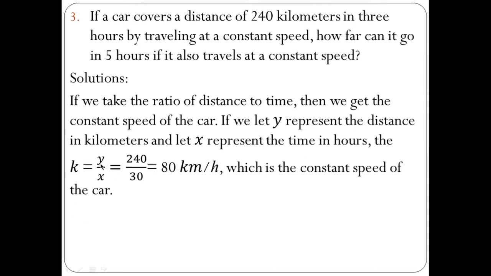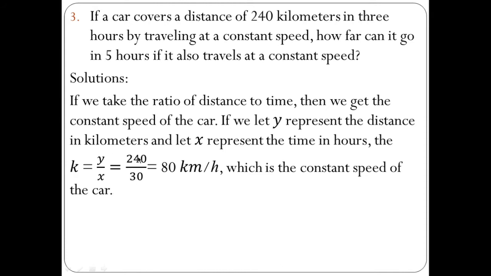The value for y is 240 kilometers, the distance. So 240 over x, which is 30. Where does the 30 come from? We have 5 times 3. In 3 hours, how far can it go in 5 hours? So 5 times 3, we have 30.